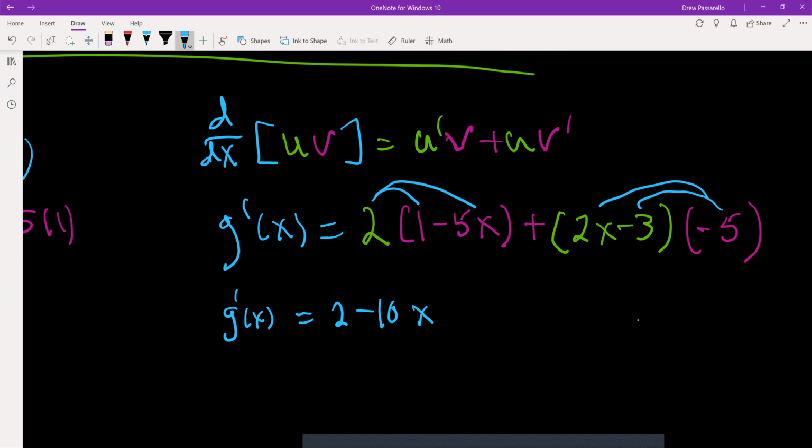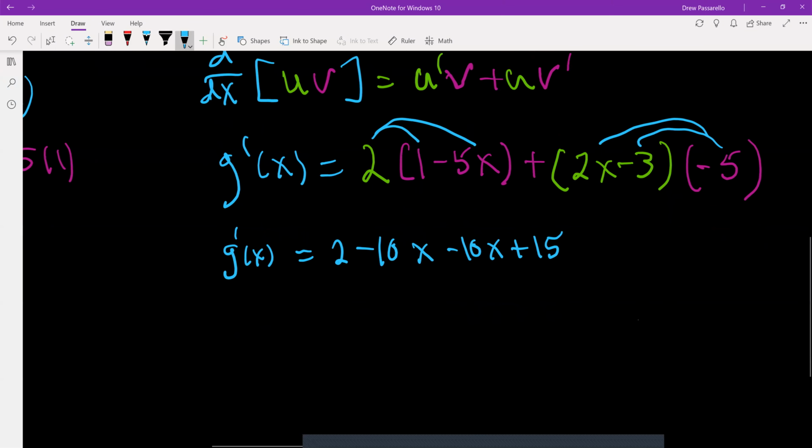So that's going to make this negative 10x, and then the plus 15. Then I combine the negative 10x's together to get negative 20x. And then 2 and 15 make 17. So plus 17, and then that's going to be the answer.